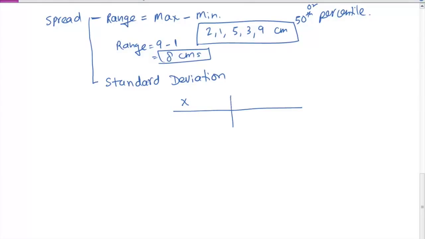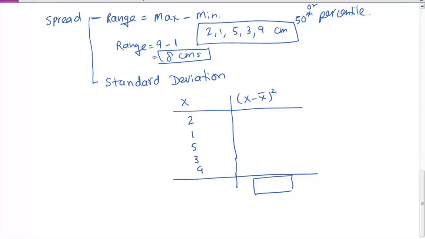A random variable could be length or height, and because it can take values randomly, like 2, 1, 5, 3, 9 in this case, it is called a random variable. To calculate standard deviation, we create another column called (x minus x bar) whole square, where x bar is the average, and then we add up the column.